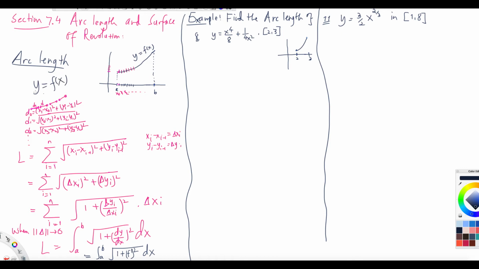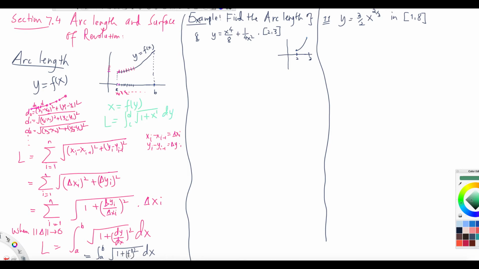Sometimes you may be dealing with a problem where you have x equals f of y. Then what would be the formula to find the length? In that case, it will be the integral from c to d, where these are the limits for y, of the square root of 1 plus (x prime, or g prime of y) squared, times dy.